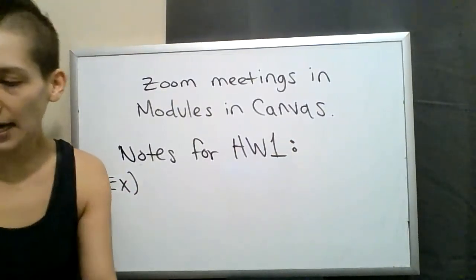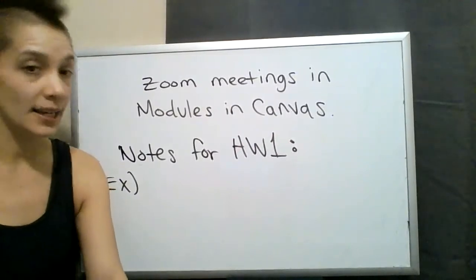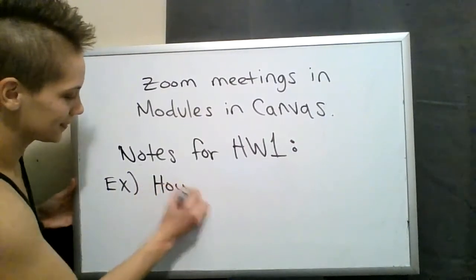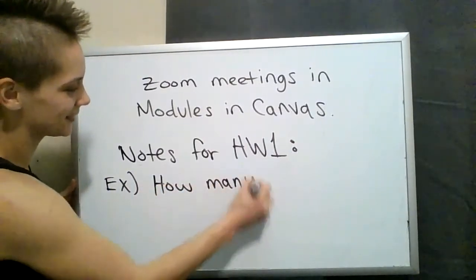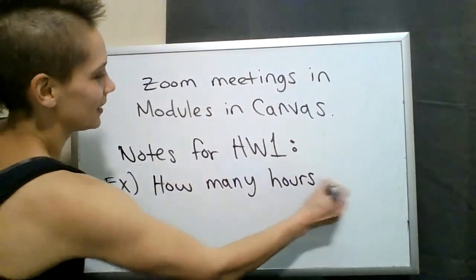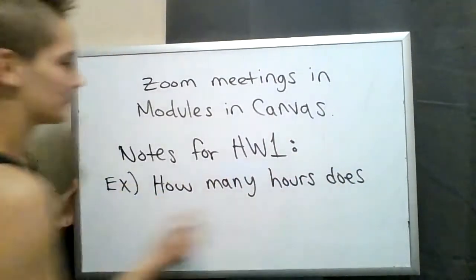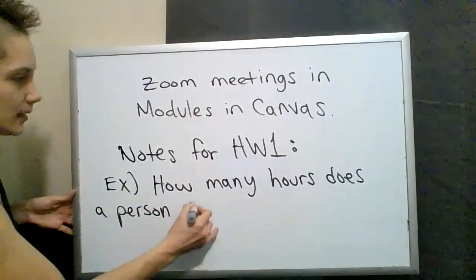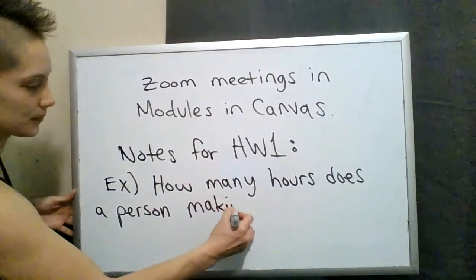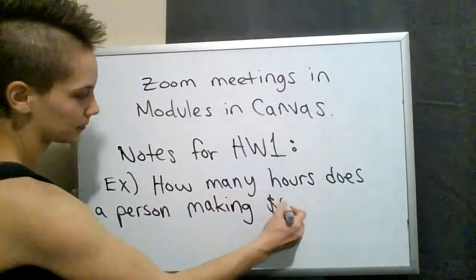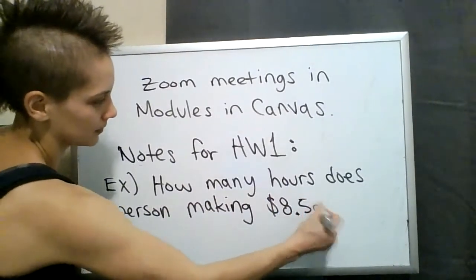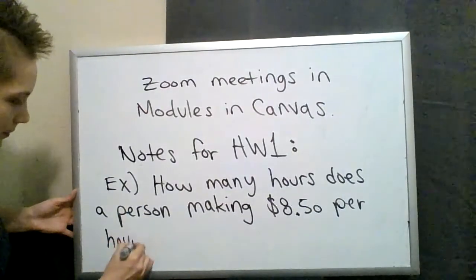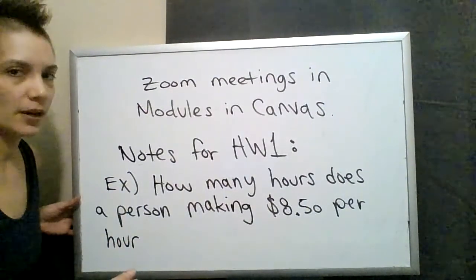How many hours does a person making $8.50 per hour have to work to make $272?